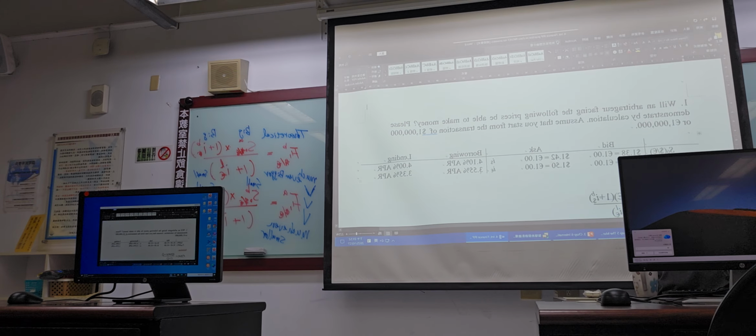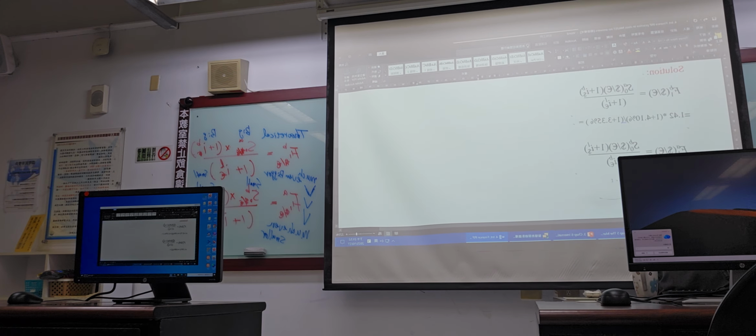Euros borrowing rate is 3.55%. Tell me the answer. What about this one?